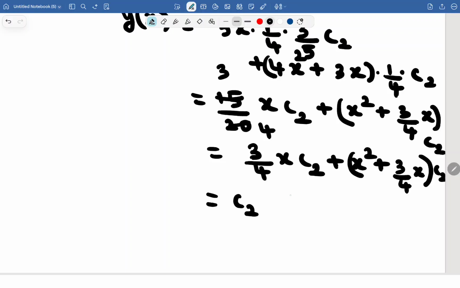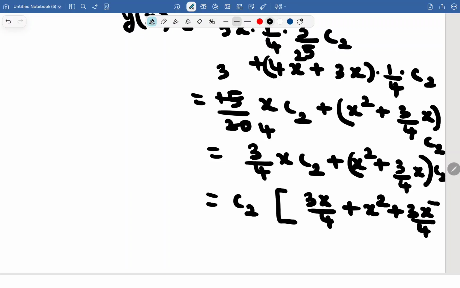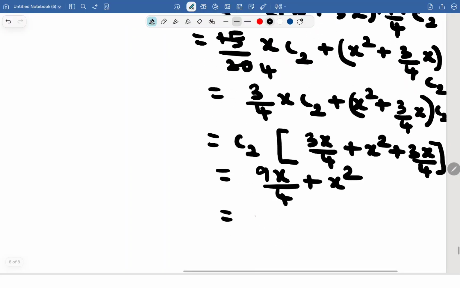Take C2 outside, 3x by 4 plus x square plus 3x by 4. By putting C2 equal to 1, it becomes 3x by 4 plus x square plus 3x by 4, 9x by 4 plus x square.